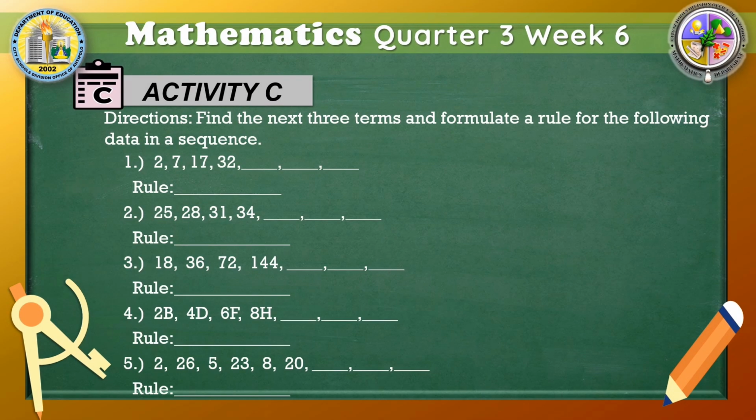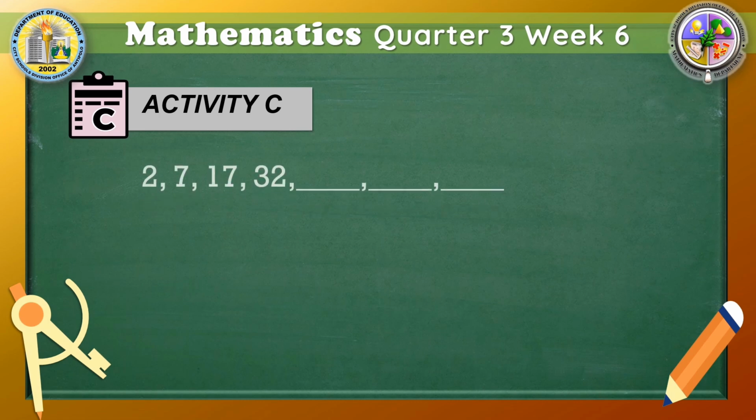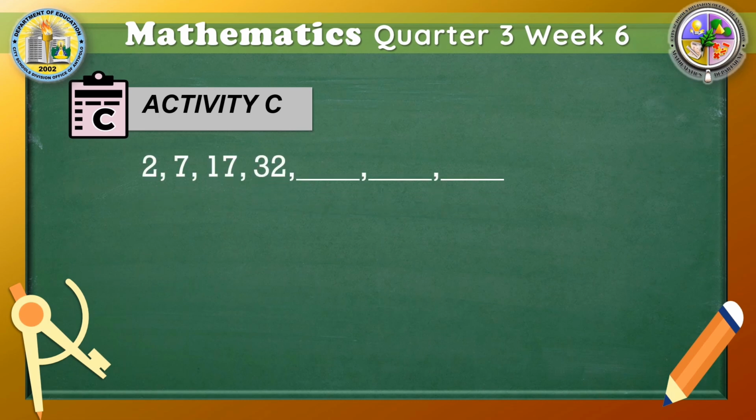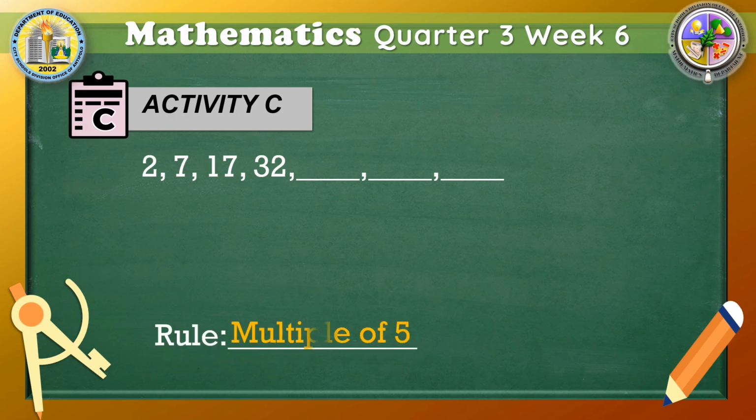I want you to answer activity C. Directions: find the next three terms and formulate a rule for the following data in a sequence. Number 1: 2, 7, 17, 32. The rule here is multiples of 5.